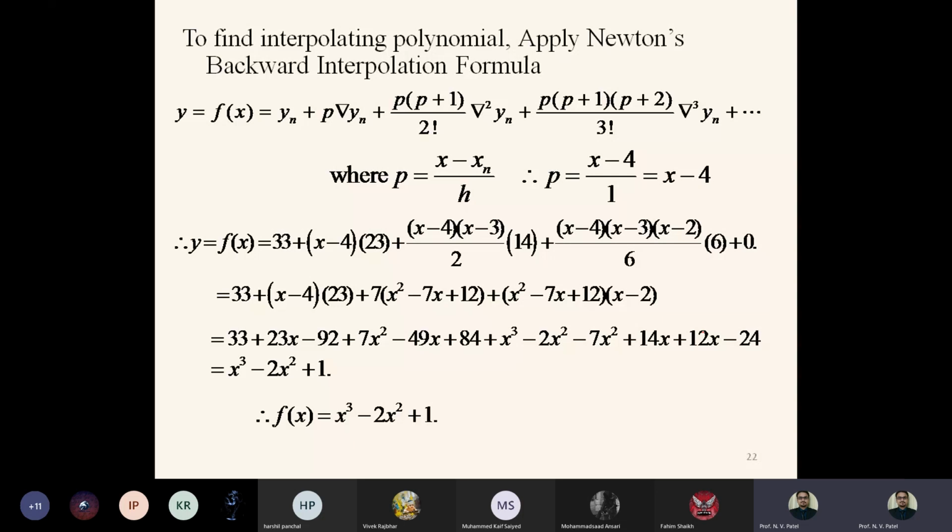So p is x minus 4. Replace this p in each formula and calculate that interpolating polynomial. And hence you can calculate the two values.